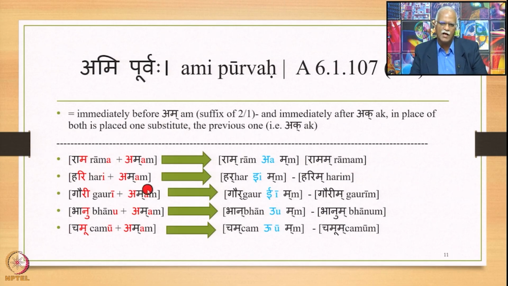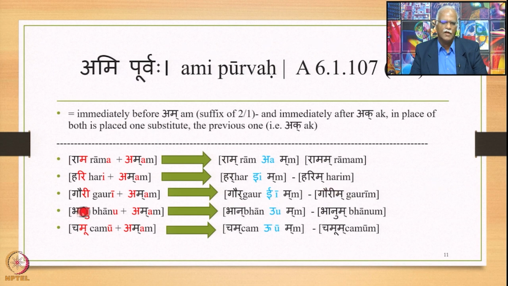In case of Hari plus, obviously there is Iko Yanachi which has got its scope of application, but it is cancelled by this sutra Amipurvaha, which operates in a very restricted domain of the pratyaya. So we have Hari having I at the end, at the beginning of, and because this is one pada, samhita is obligatory, and so in place of both these vowels 6.1.107 applies and generates the output in the form of Har, I, Ma, Harim.